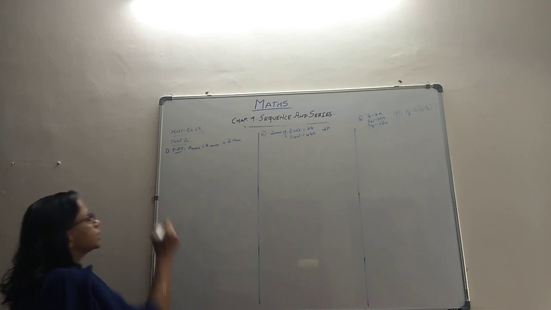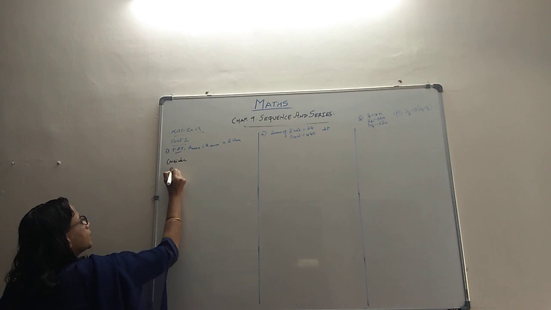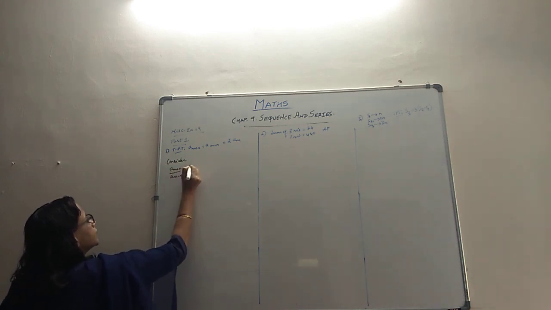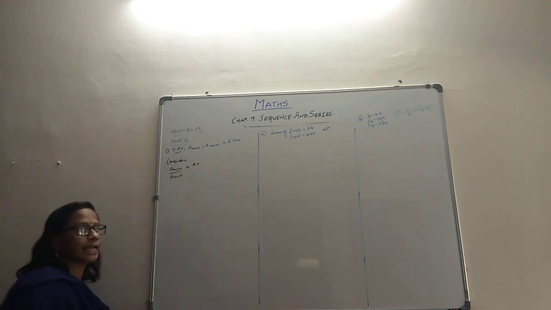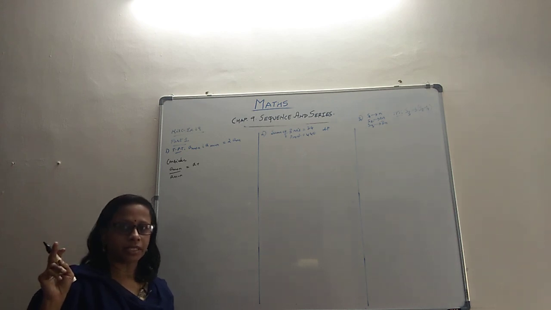So let's consider a m plus n by a m minus n. Here small a represents the first term and d represents the common difference.